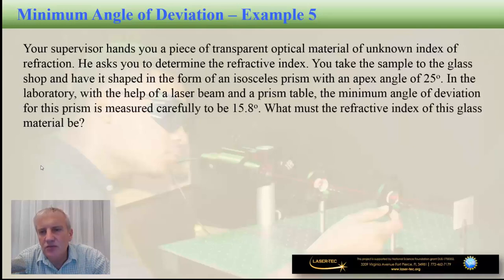It turns out that the minimum angle of deviation is 15.8 degrees. And here's the question for you: how would you figure out the index of refraction of this material based on the information given in this numerical problem, which represents a specific case of you working in a photonics laboratory and figuring out the index of refraction of an unknown material?